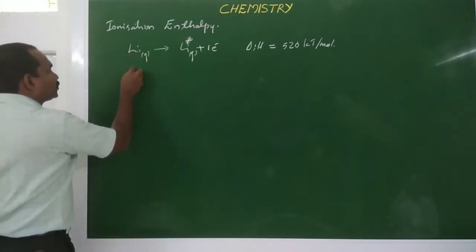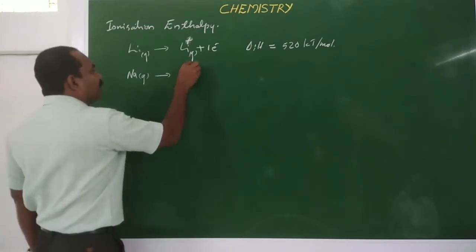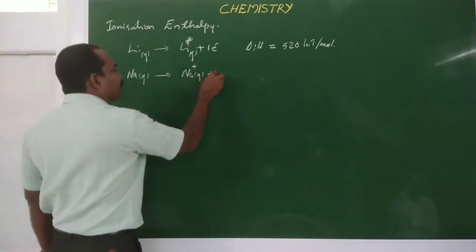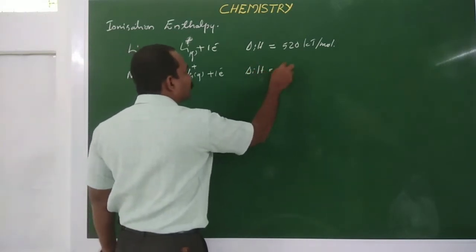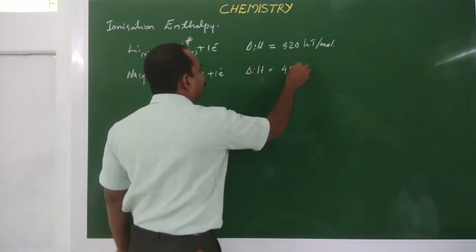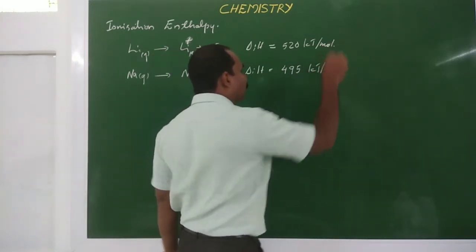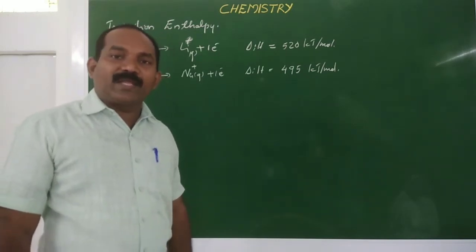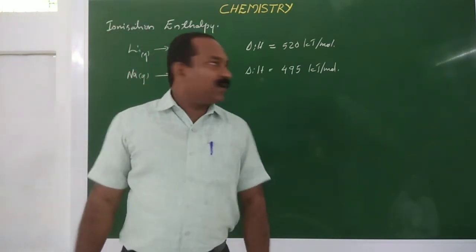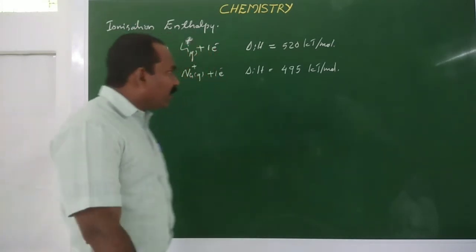And in the case of sodium, Na gas gives Na plus gas plus 1 electron. The ionization enthalpy is equal to 495 kilojoule per mole, or in some other textbooks 496, no problem.